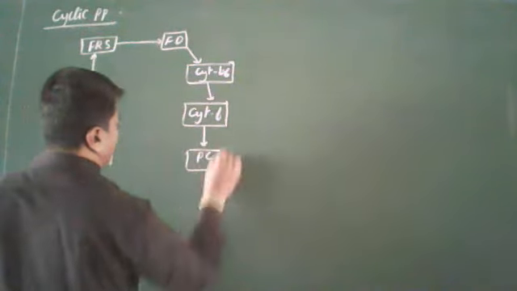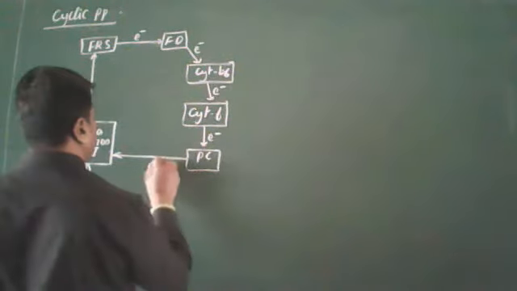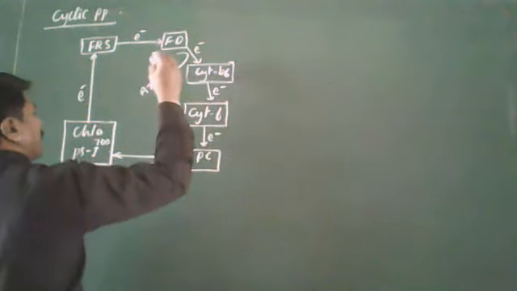Then the components: ferredoxin reducing substance, ferredoxin, cytochrome B6, cytochrome F, and plastocyanin.